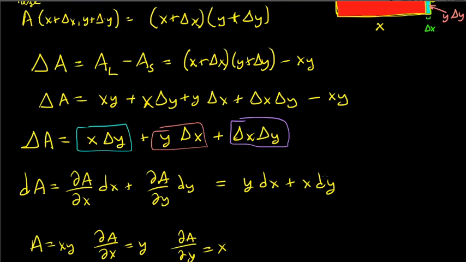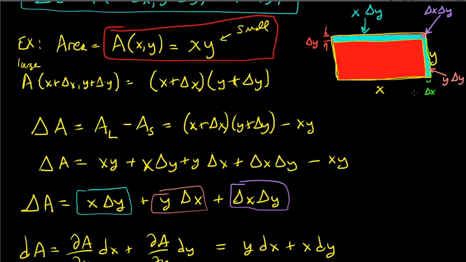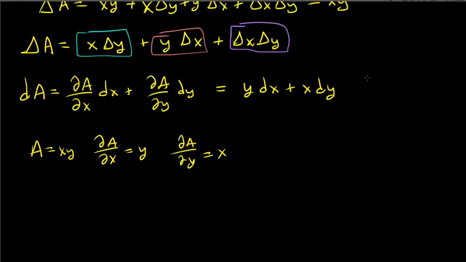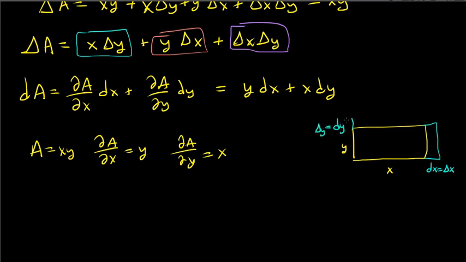So in our picture again, I'm going to run out of space pretty soon, so let me copy it down here. Here's our rectangle. This is x, this is y. Let's make this dx, or delta x, either way, it's the same, and then delta y, or dy, would be this.